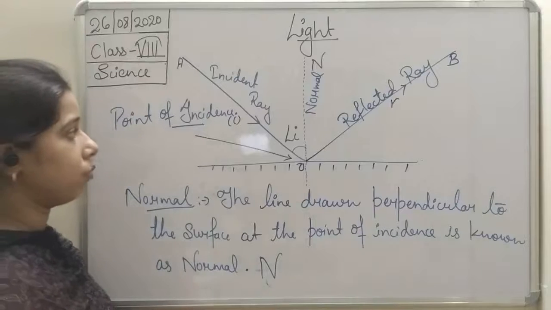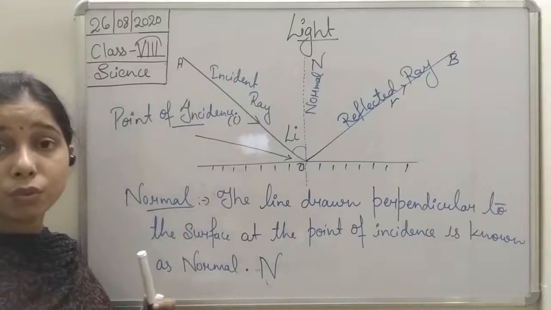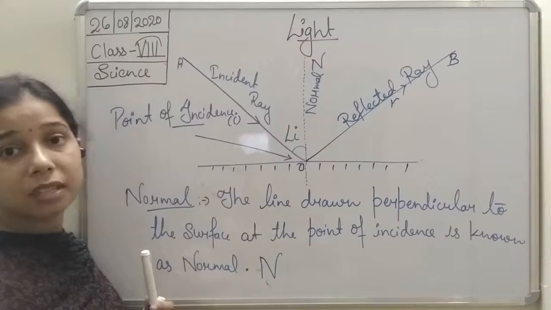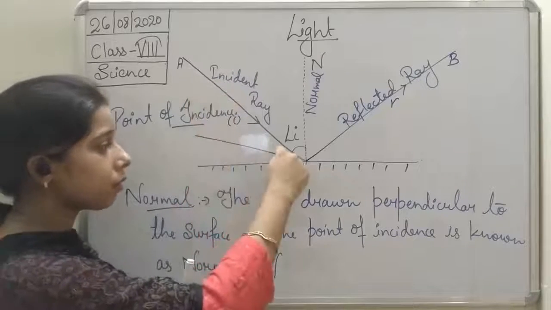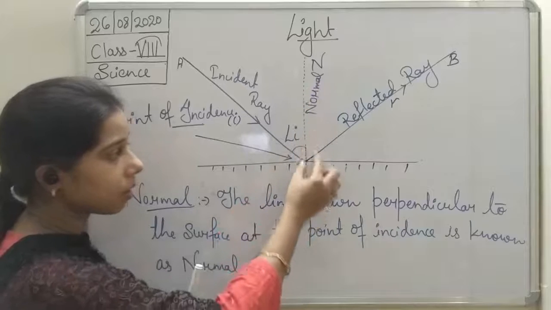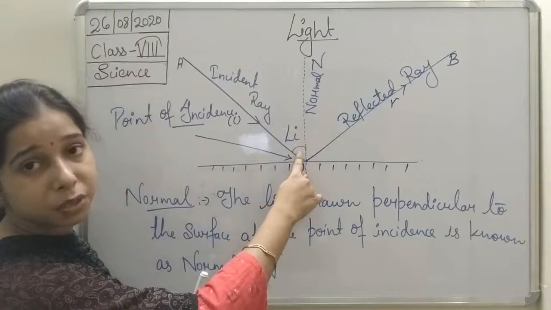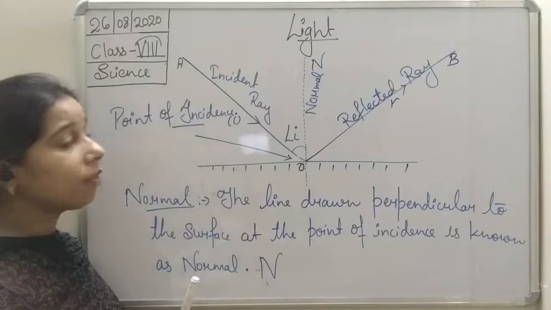You know that an angle is formed when two lines cross each other, when they intersect each other. So when the incident ray is falling here and the normal is coming to this side, there is a formation of an angle between these two, and this angle is known as the angle of incidence.